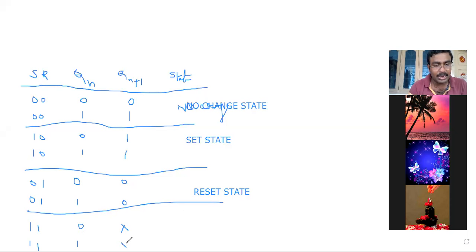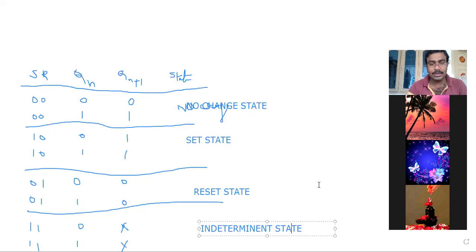It is an indeterminate state. Both Q and Q bar you are getting as 1, so it is a wrong state or indeterminate state. So we will place don't care here, since we don't know what your output is. We call it the indeterminate state.